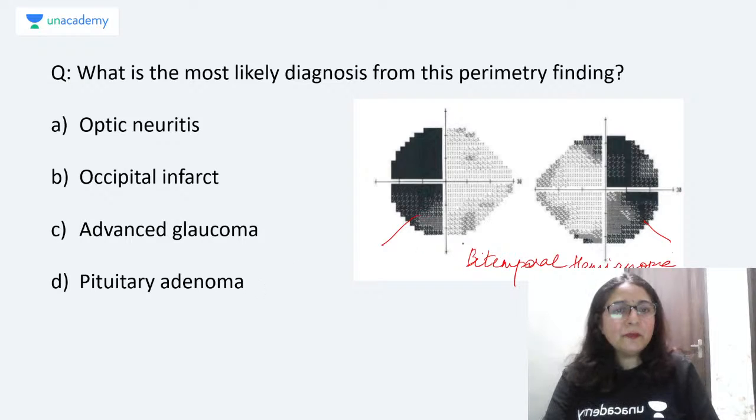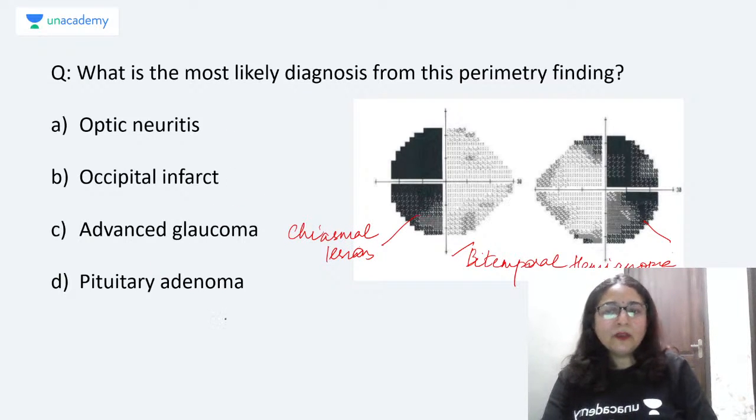Now this type of defect we know is produced by chiasmal lesions. Okay, so out of these, what can cause a chiasmal lesion? Pituitary adenoma. The glaucoma defects are not like this; they respect the horizontal meridian.